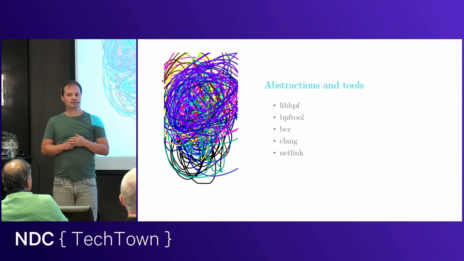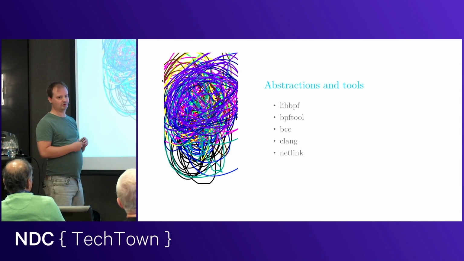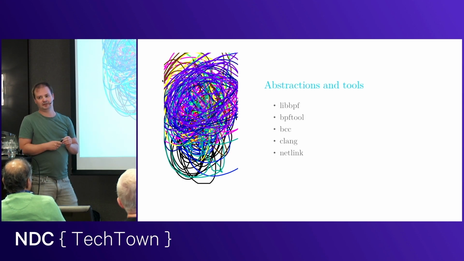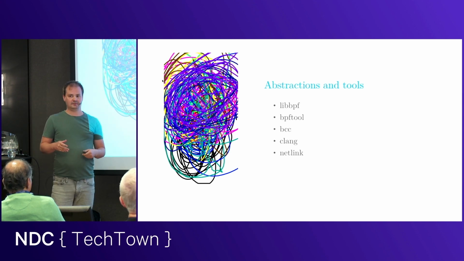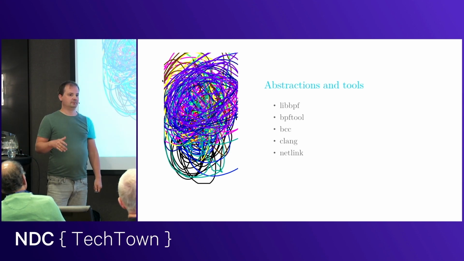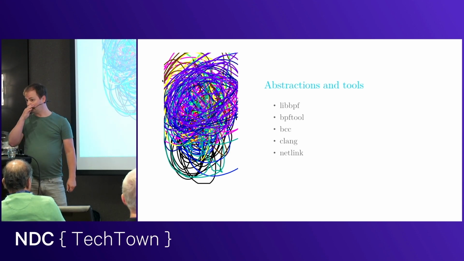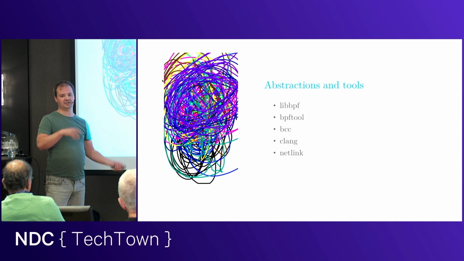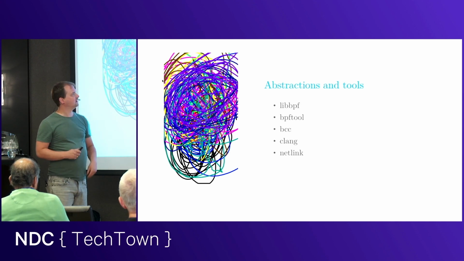There are quite a few tools that you should look into when you want to make an eBPF program. So libbpf is the C library that I'm using to basically make life a lot easier when creating an eBPF program. It does a lot of lookups for finding maps, and it does a lot of stuff for me.